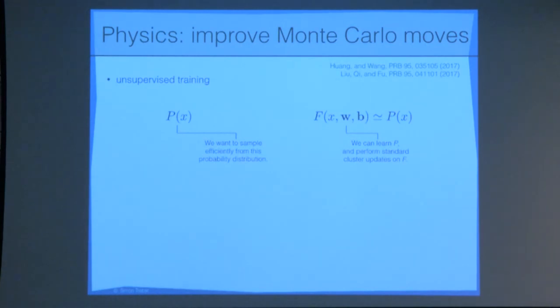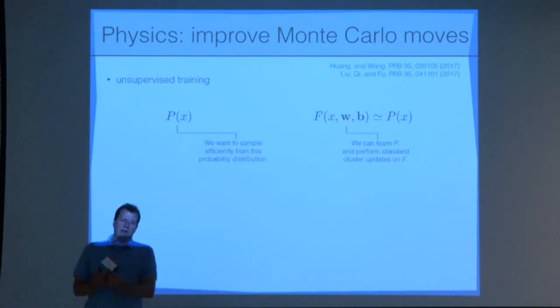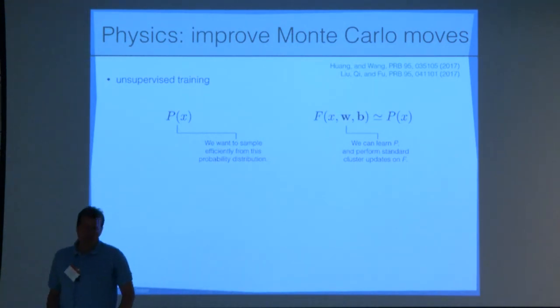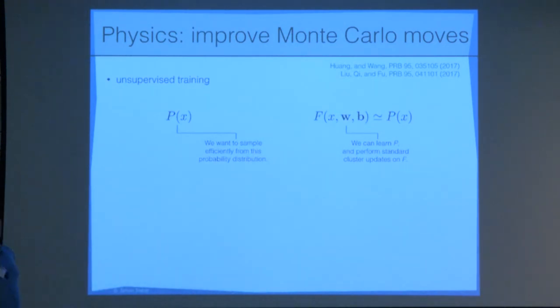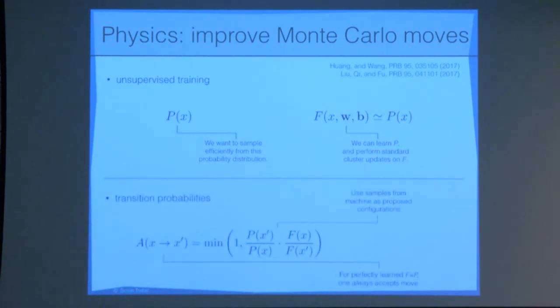So it's supposed to mimic that Boltzmann distribution and now generate suggestions on its own from that distribution. And the nice step is, if I do that, I can generate a very high acceptance rate in my Monte Carlo moves.